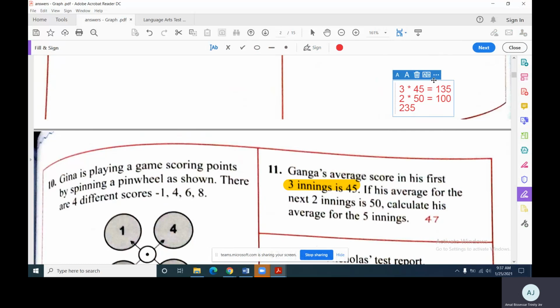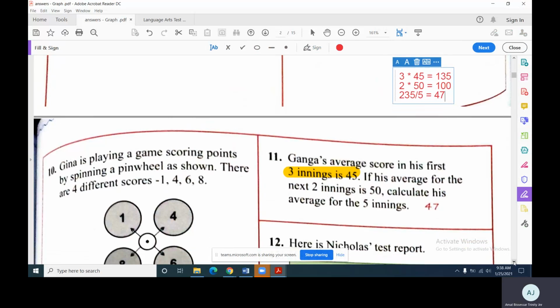And then you are dividing the 235 by, not 3 plus 2, by 5 innings. So 5 into 23 is 5 fours are 20, remainder 3, which will be the 35 again, and 5 into 35 is 7. His average is 47.